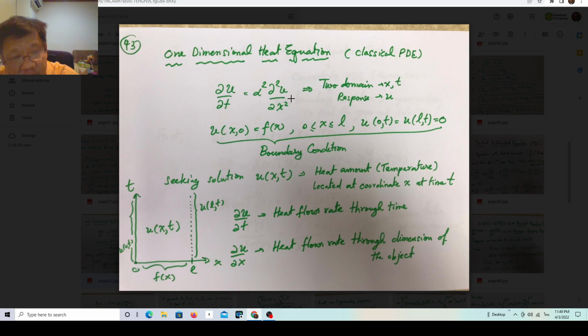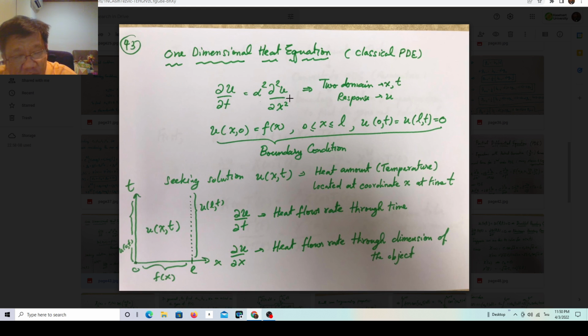Here it is not the first order but the second order. With the second order, it becomes acceleration, but acceleration over the dimension.